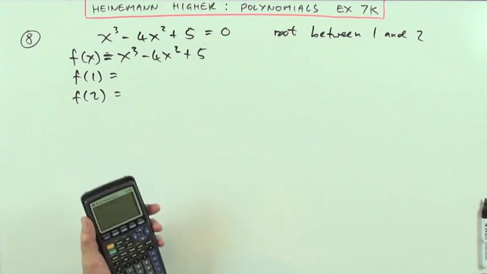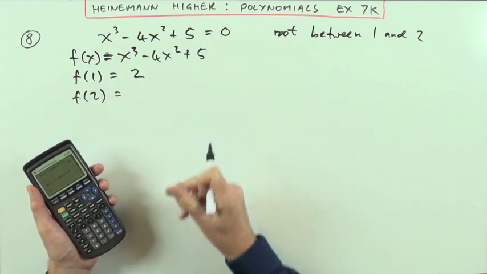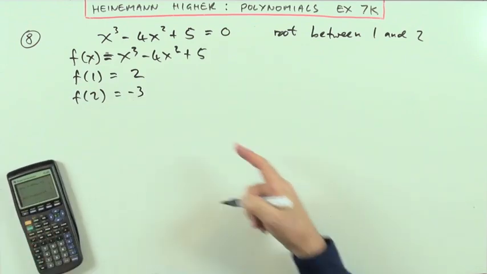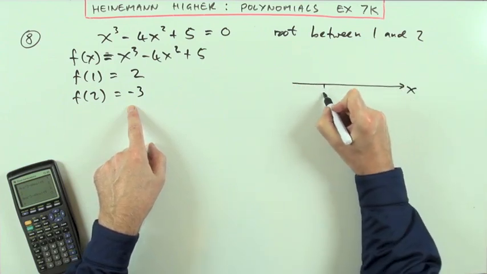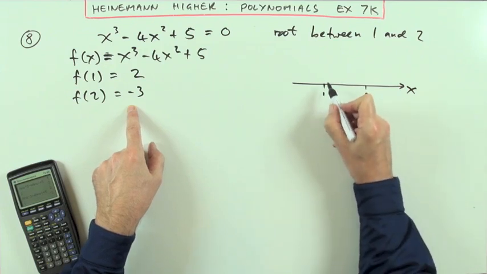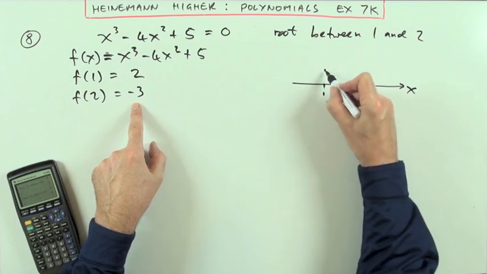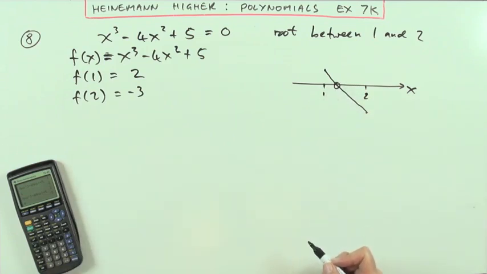And then it's just a case of 1. Answer 2. Answer negative 3. So that was the first bit. What that says is, if you think of the x's, at 1 and at 2, what did you get? At 1, the answer was 2, and at 2, the answer was negative 3, which means that somewhere between them, it crossed the x-axis.